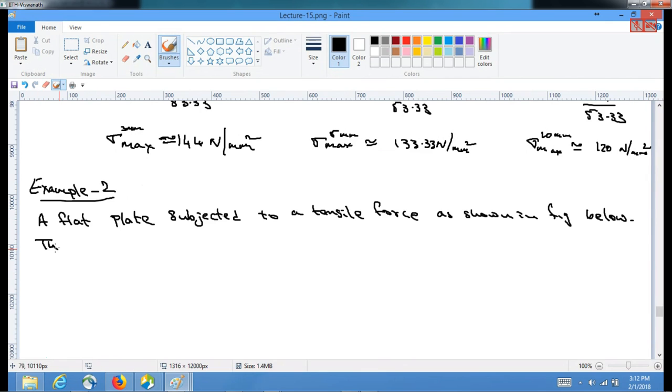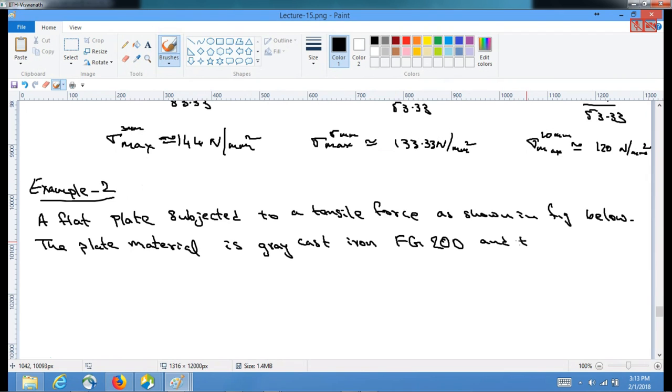The plate material is grey cast iron Fg 200, and the factor of safety is 2.5.